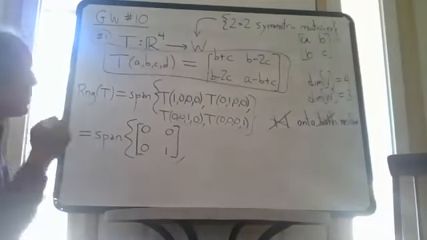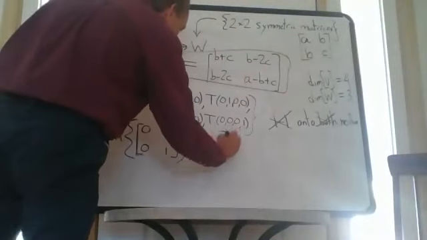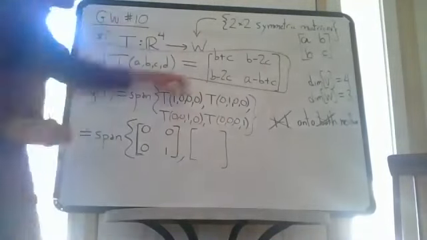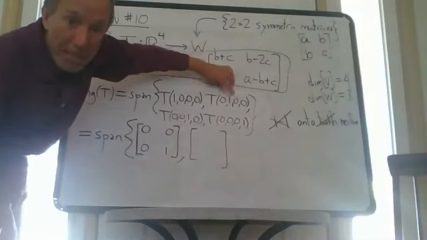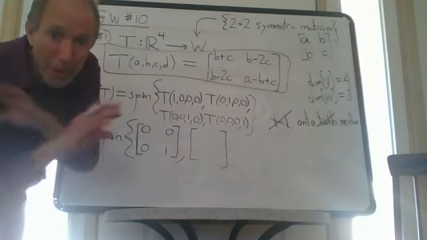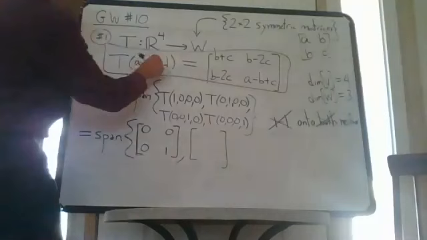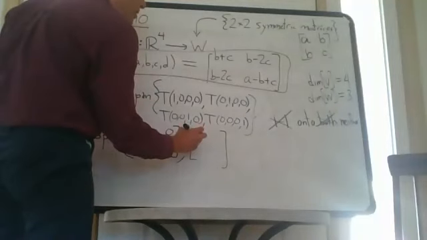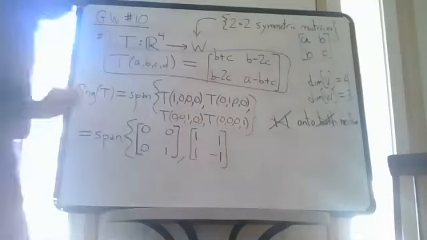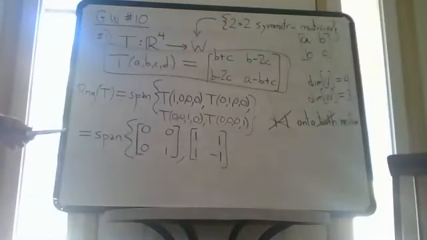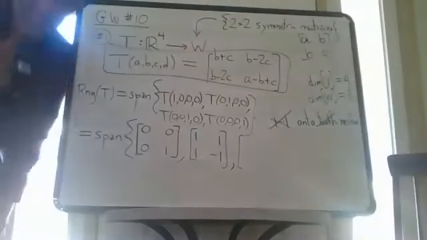Let's do the next one, T of 0, 1, 0, 0. This time I put a 1 for the B variable and make everything else 0. I get a 1, a 1, a 1, and a minus 1. The next thing I need to do is put a 1 for the C variable.